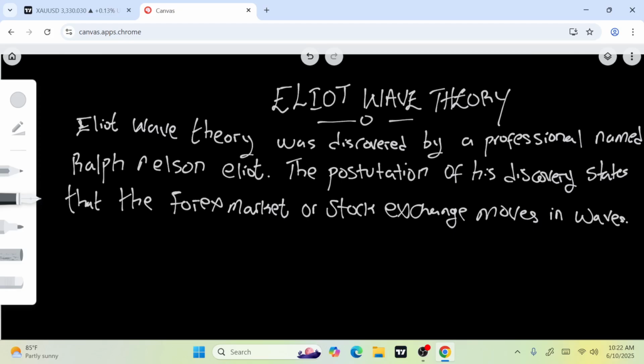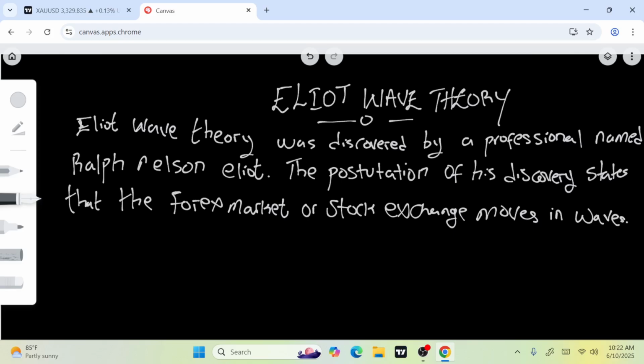Elliott wave theory was discovered by a professional named Ralph Nelson Elliott. He is the one that discovered that the forex market or the stock exchange moves in a certain wave. Do you get that now?